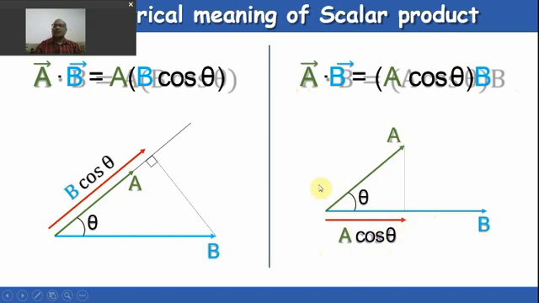So you can say that the scalar product is basically the multiplication of one component of one vector with another vector.